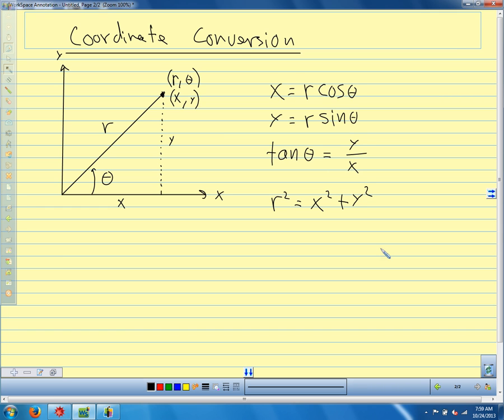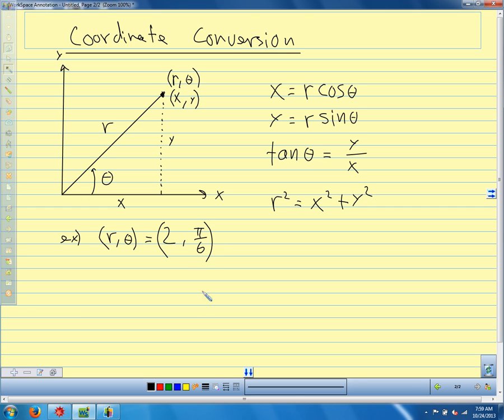So let's take a look at a couple of conversions. Let's practice with a couple of these, just to remember all of this stuff, and we'll see a couple little things. The point is (2, pi over 6).